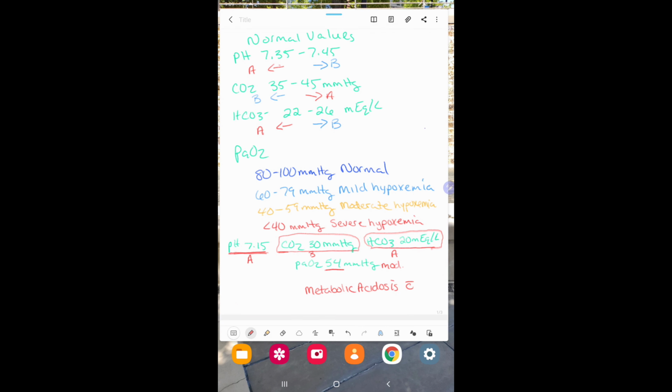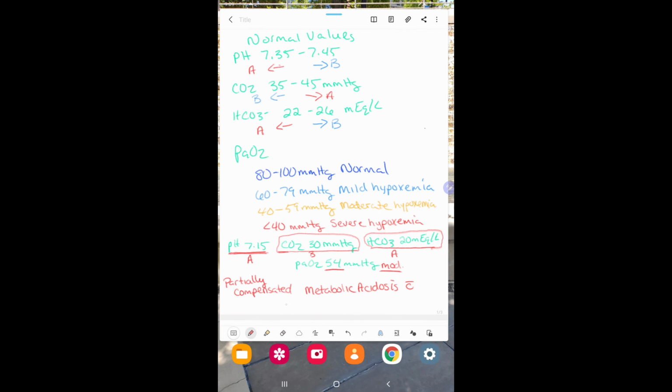So therefore it is out of bounds. So that means it's trying to help compensate and bring your pH back up. So this would be a partially compensated metabolic acidosis with, and then we already know our oxygenation, and we said it was moderate.